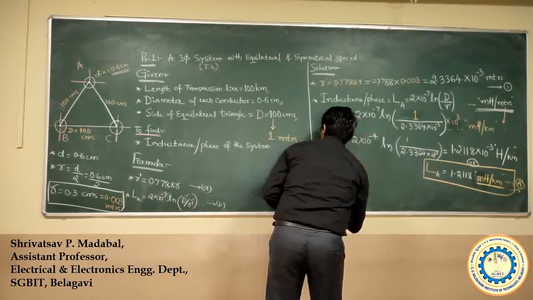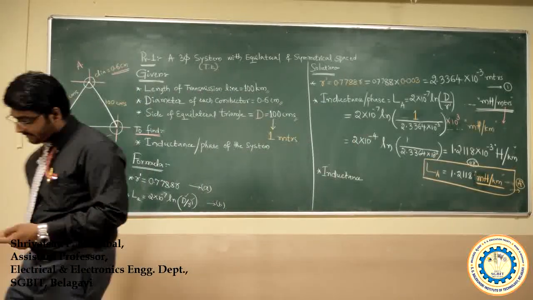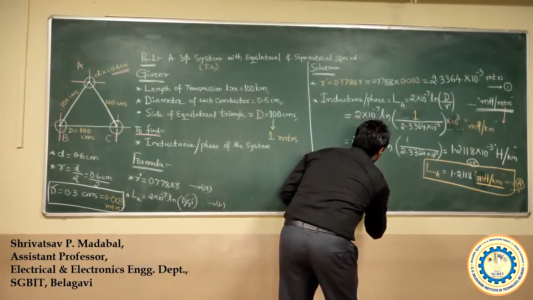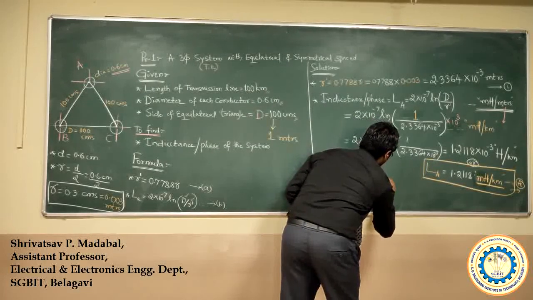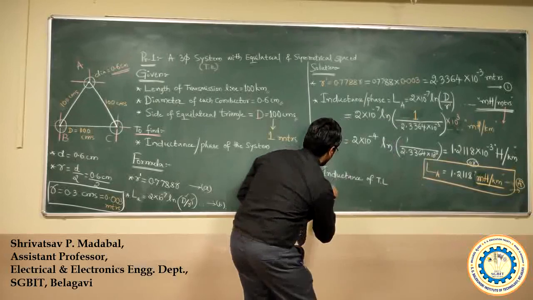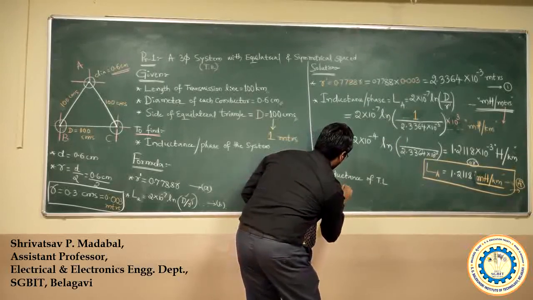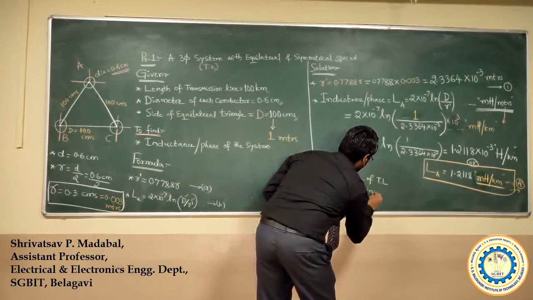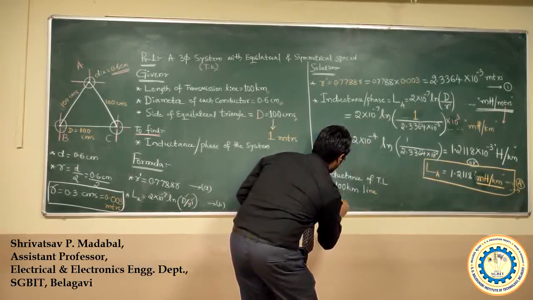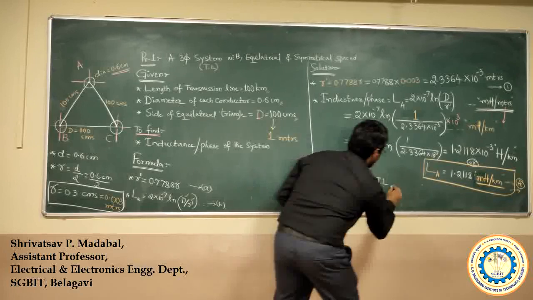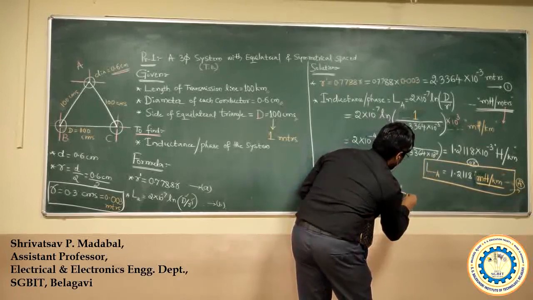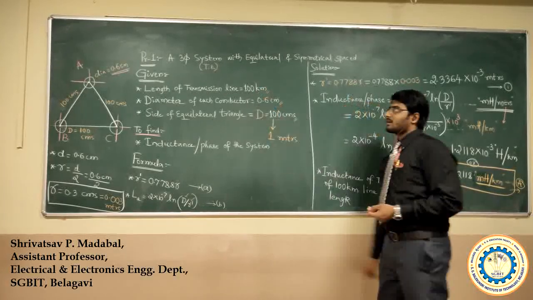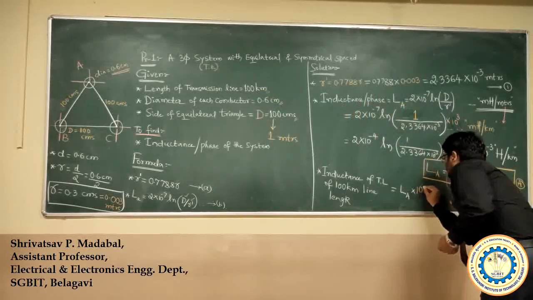transmission line. So in order to find out the inductance of the transmission line, I will write transmission line in short form as TL, of 100 kilometer line length. So I have to multiply this LA by the length of the transmission line, which is provided as 100.